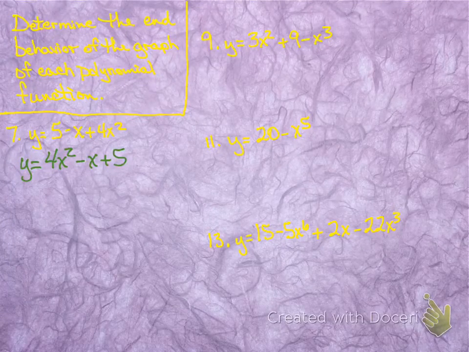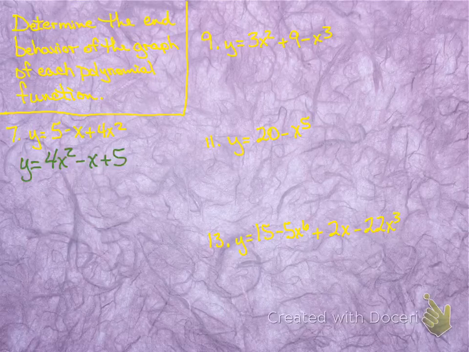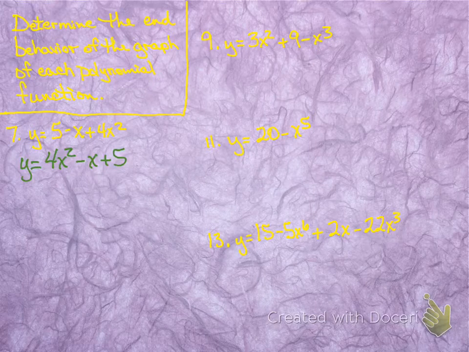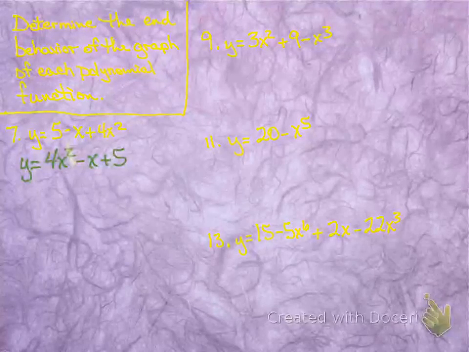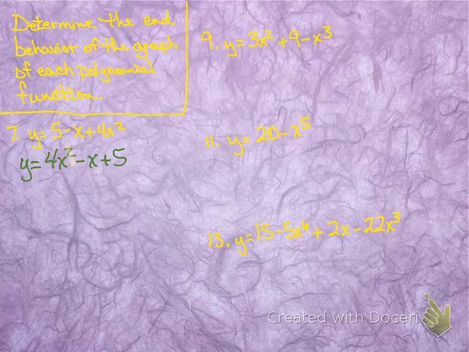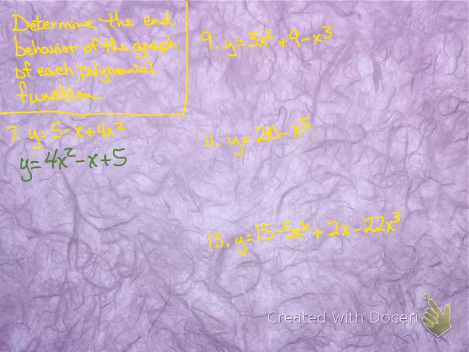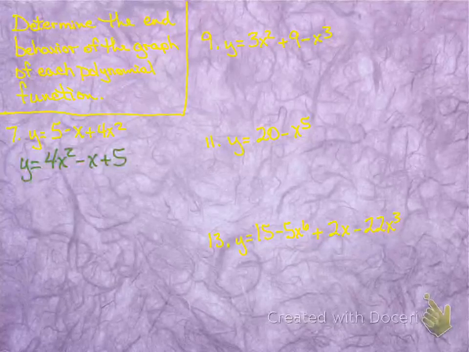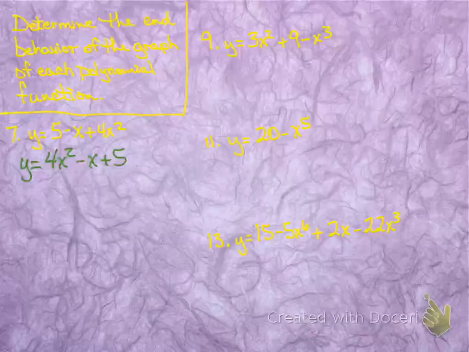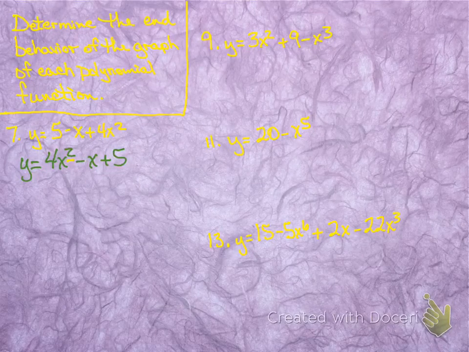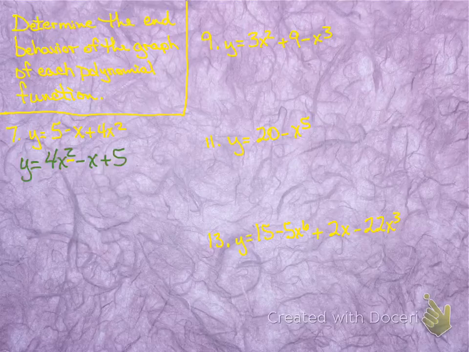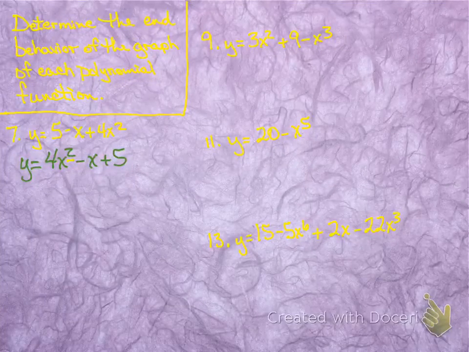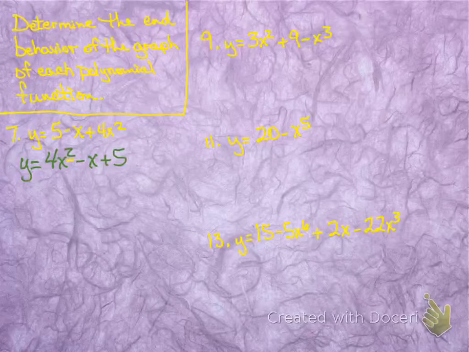Okay, now we are going to look at the exponent. That's a 2. Let's just underline it. Okay, and that tells me that it is an even exponent, so my end behaviors are both in the same direction.